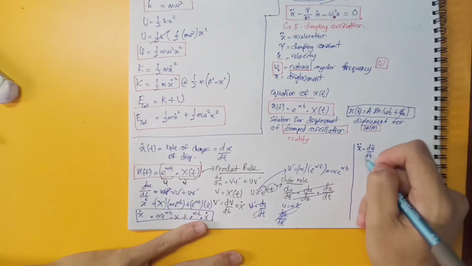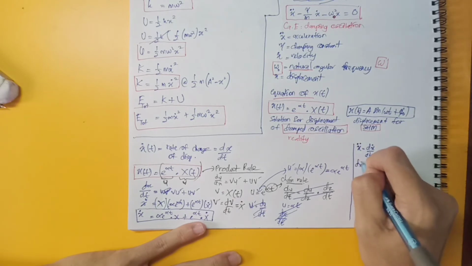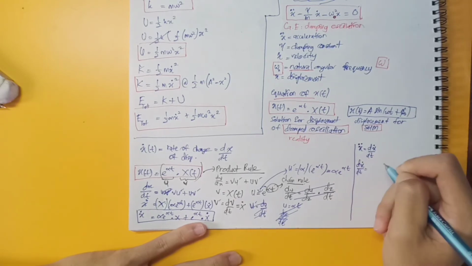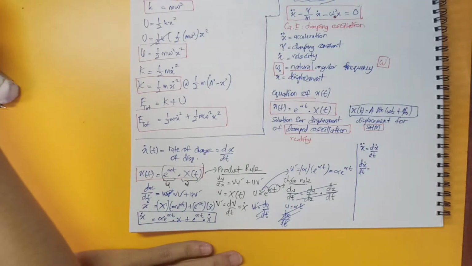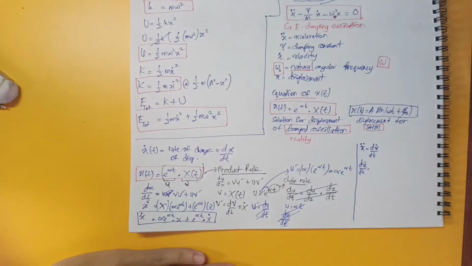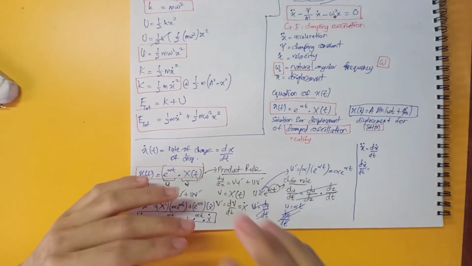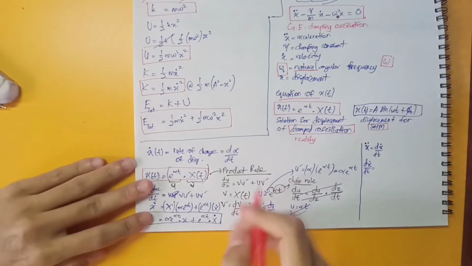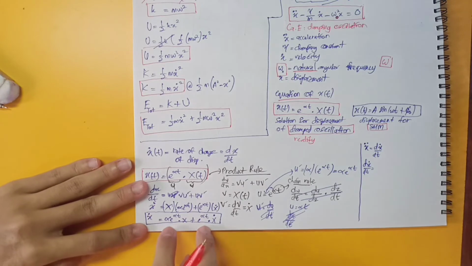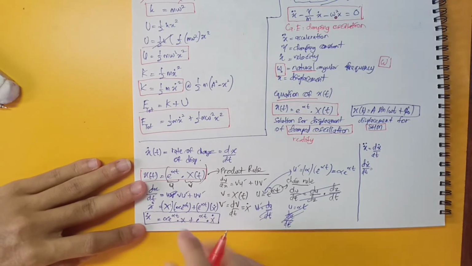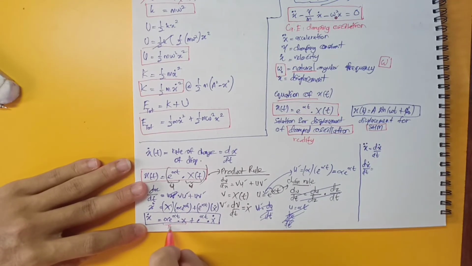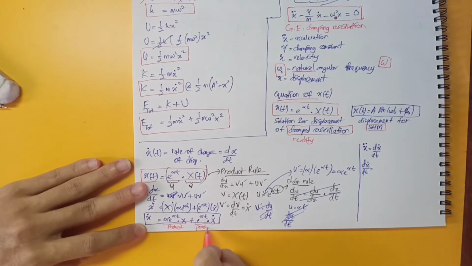So that is dx dot over dt is equal to, right now we have something more complicated here. Both of these terms have to use the product rule. I'll do it on the next new page right here.